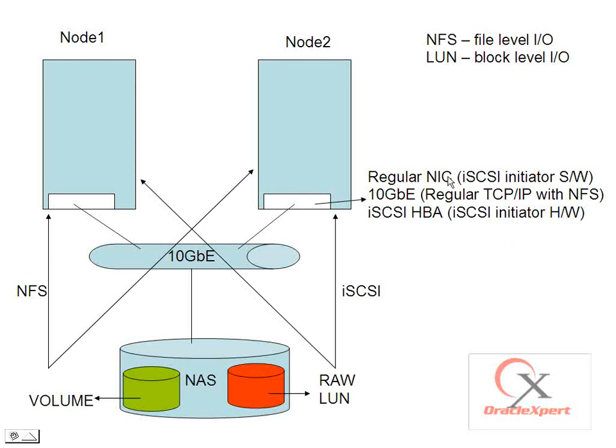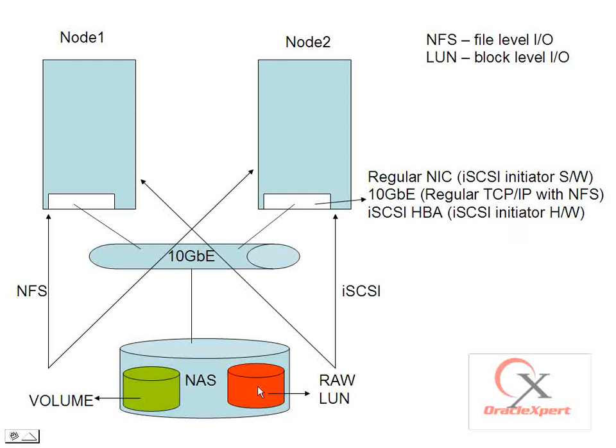Or if you use a regular NIC which does not have a built-in iSCSI initiator, which is required to get access to those raw LUNs, then you will need software called iSCSI initiator software. So if you are using a regular NIC, use iSCSI initiator software. If you are using iSCSI HBA hardware, then the initiator is built into the hardware itself. So both ways those raw LUNs can be accessed.